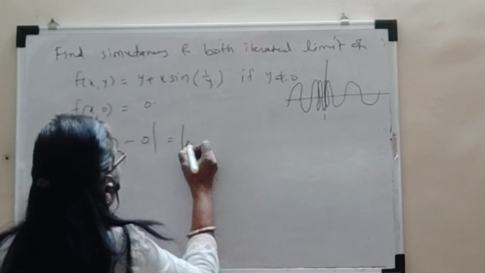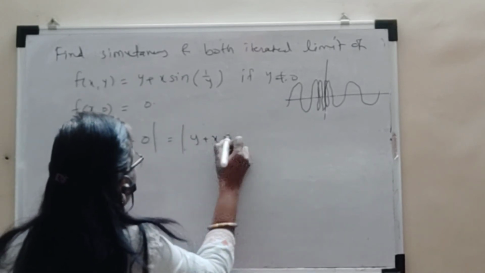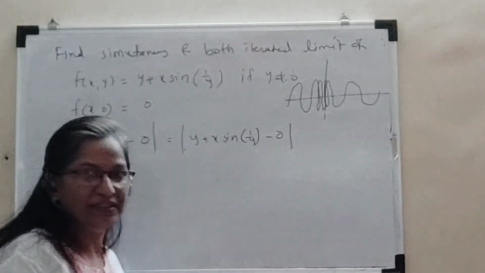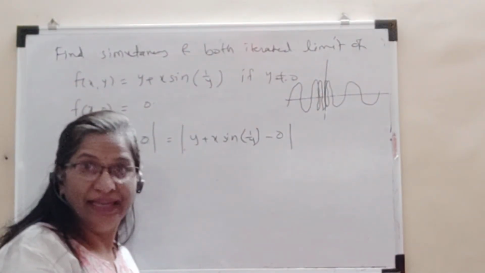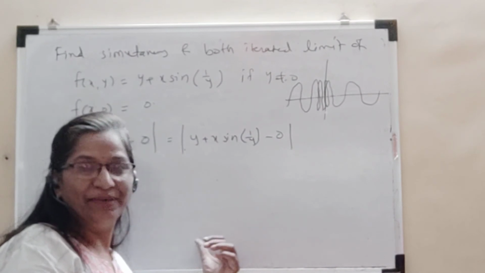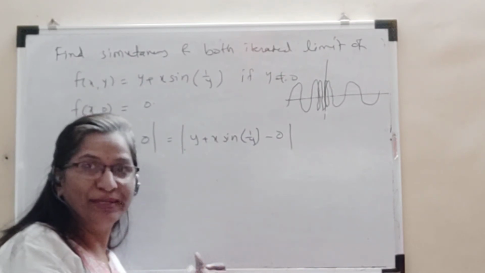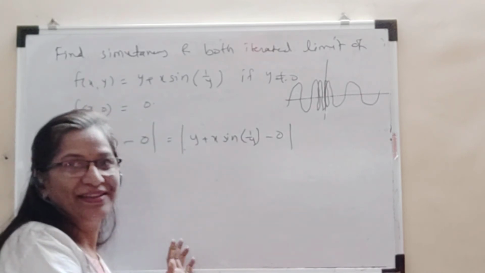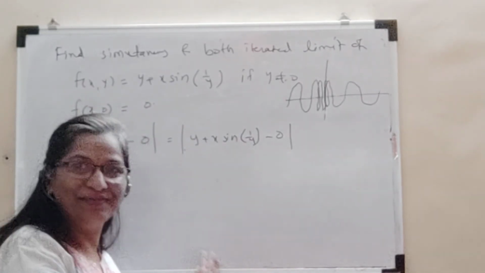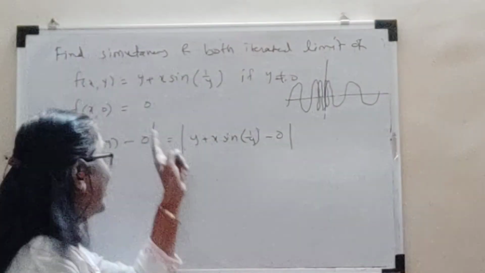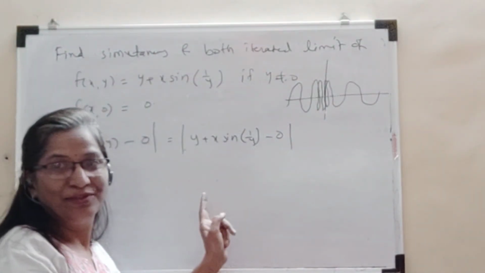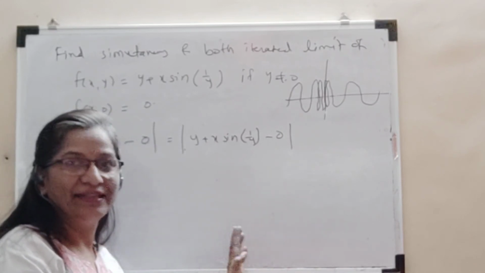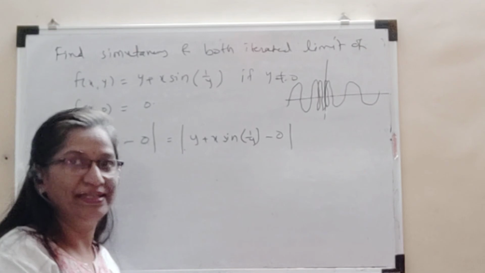So that is equal to the mod of y plus x into sine of 1 by y minus 0. Actually we are assuming that there exists some L, and we try to find the corresponding delta for any epsilon. We are assuming the simultaneous limit of this function exists and is equal to 0. So our job is, for any epsilon, to show that there exists some delta.